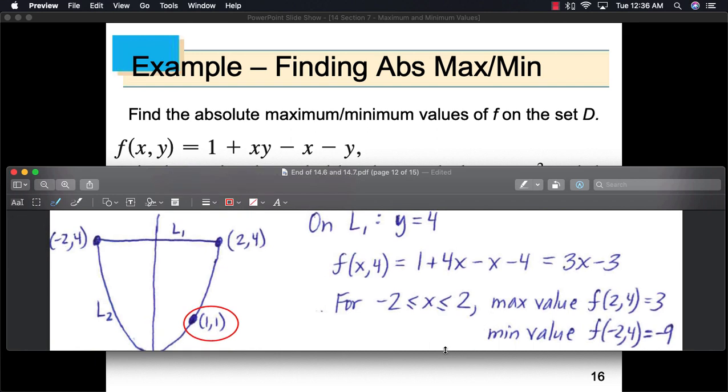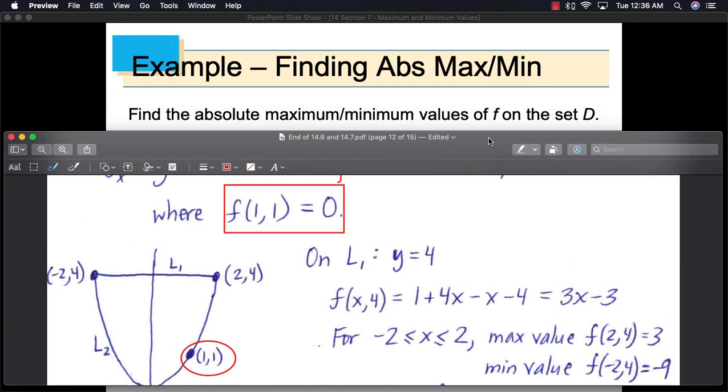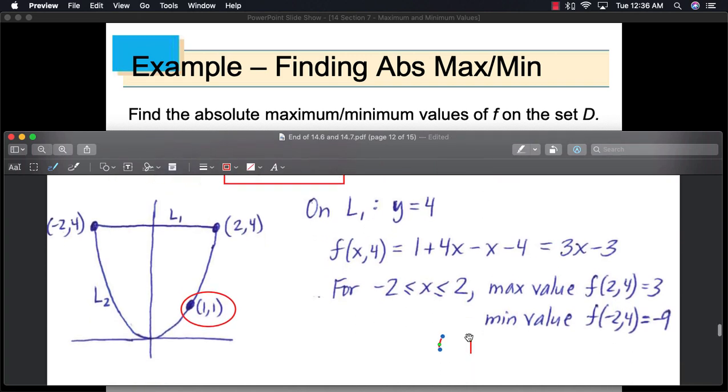Now, notice again that x is going from -2 to +2. So for x from -2 to +2, set this equal to 0. We end up getting 1.